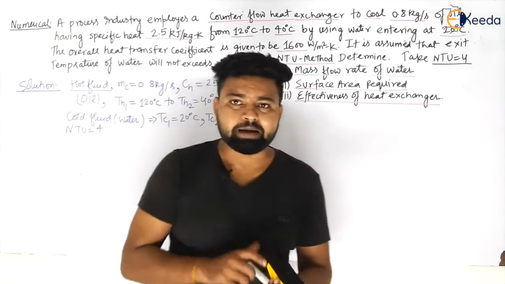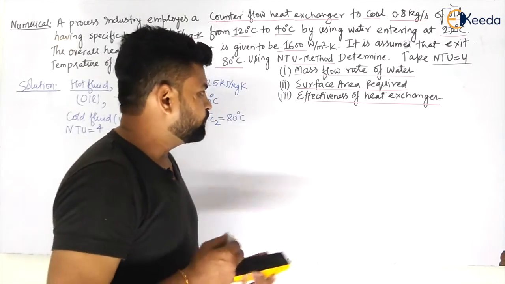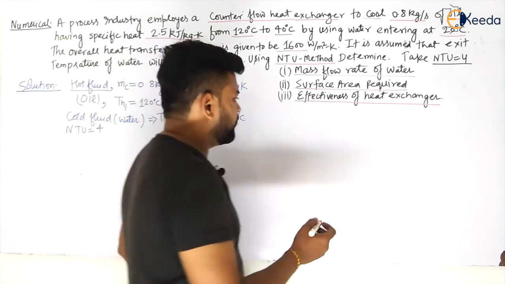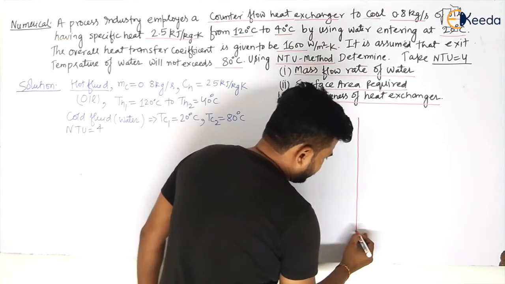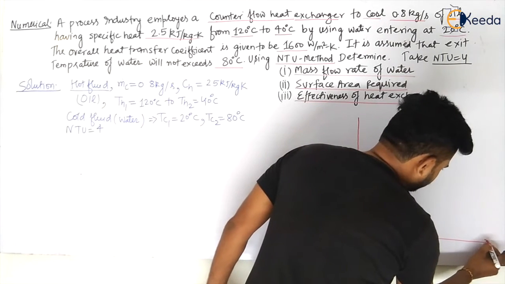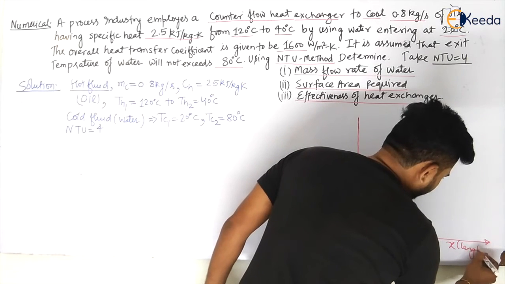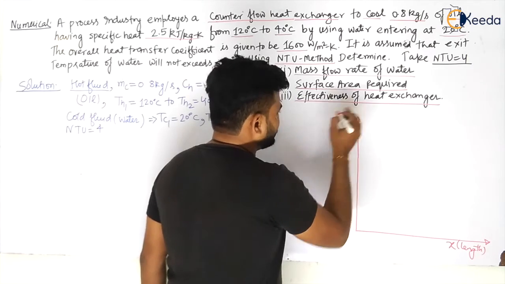So let us see the temperature profile so that you can enjoy that. You must have that feel that we are doing the questions of heat exchanger. Now, if I see the temperature profile, my dear students, let us take temperature on the y-axis and length of heat exchanger on the x-axis. So what has he given?